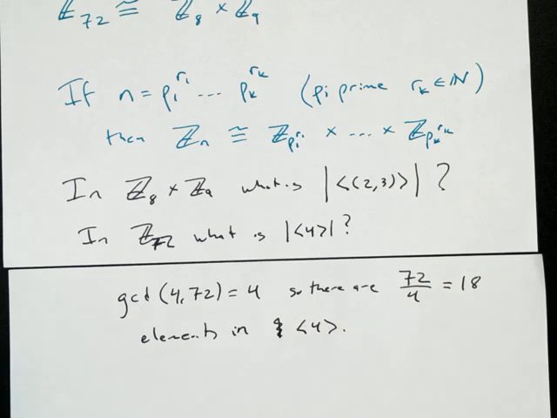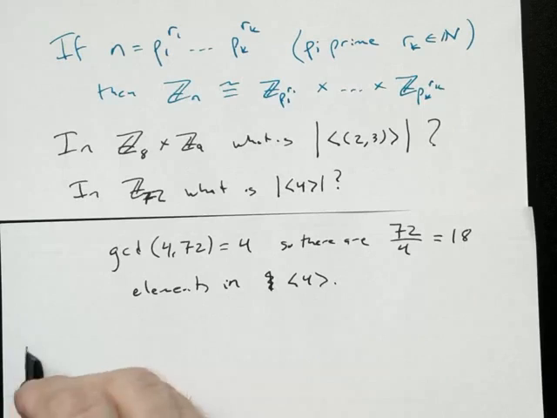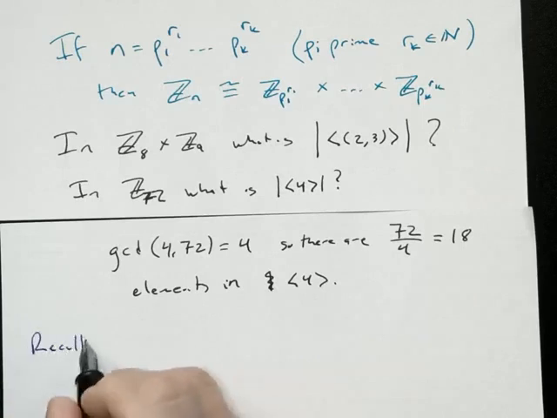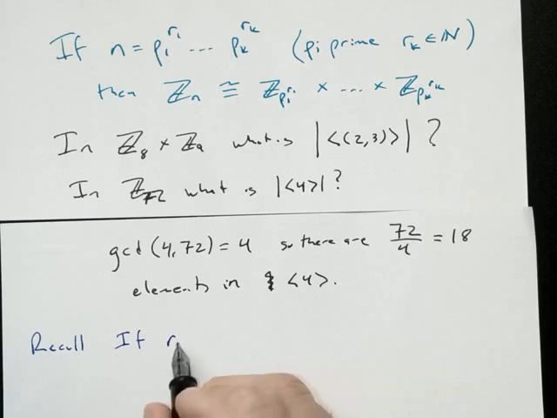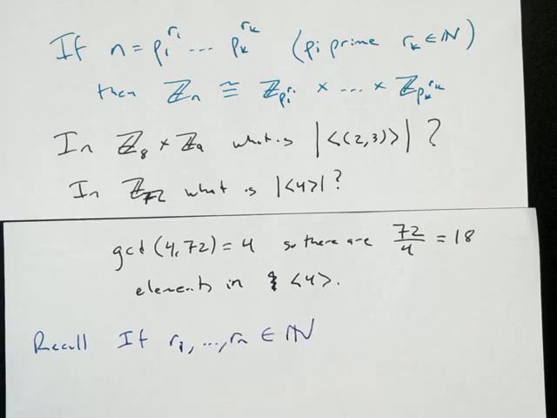I need, again, another piece from discrete number theory, least common multiple. So let's suppose I have a bunch of positive integers.